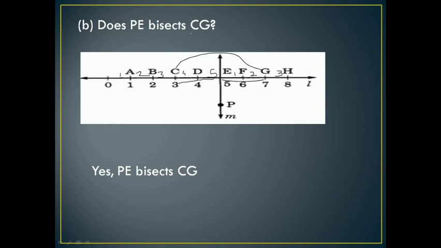They give us only CG, so we have to count the units between only CG, not for the whole line. So CE and EG have 2 units each. So yes, PE bisects CG.